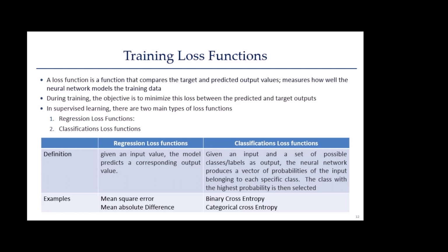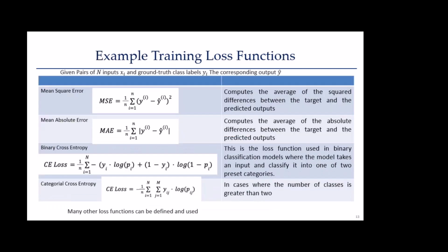In this case, we use binary cross entropy or categorical cross entropy loss functions. Those are the mathematical formulas for each one of those loss functions. We're not going to go into these details now. However, as we start our hands-on sessions, we're going to explain more about each one of those loss functions.